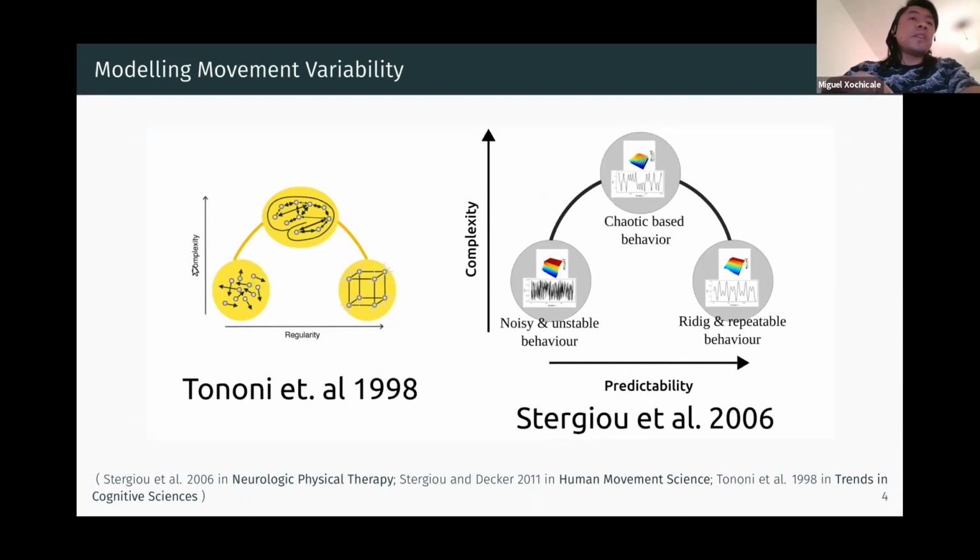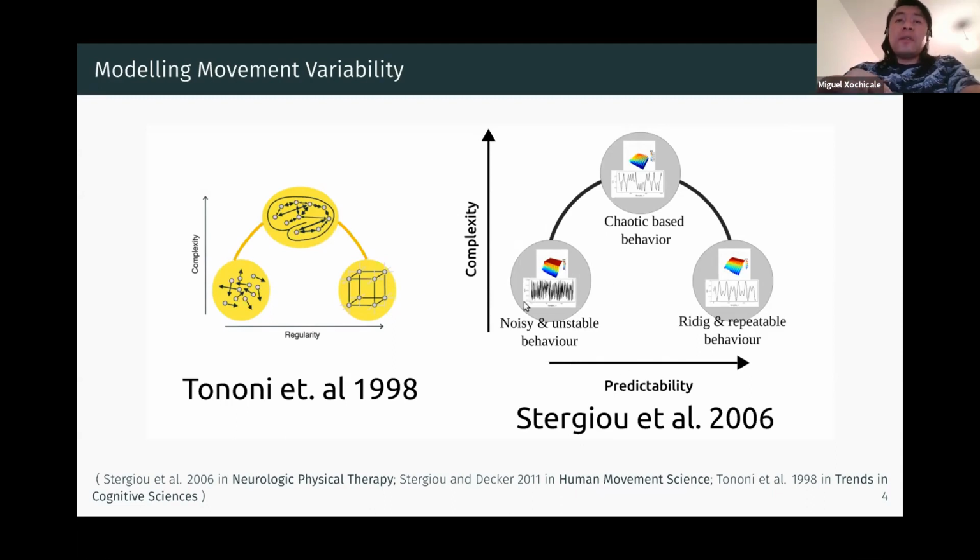Based on the complexity and the regularity of the neural networks, you can have different arrangements and structures of these networks. Similarly, with movement variability, the complexity of the movement can be low, and when you have low predictability, you may have noisy and unstable behavior.